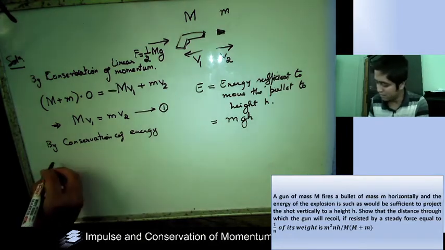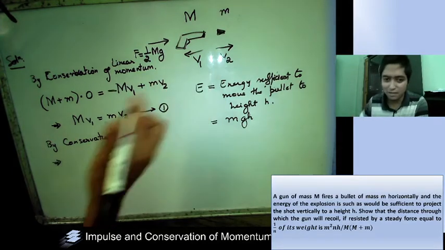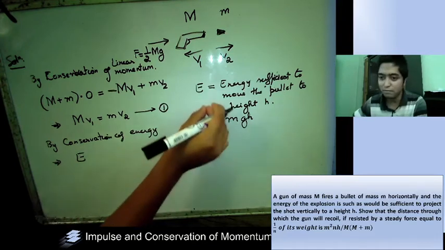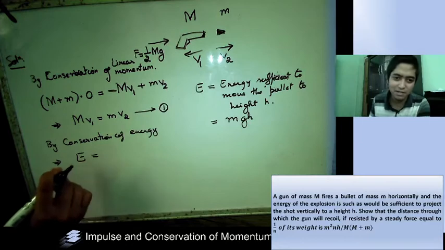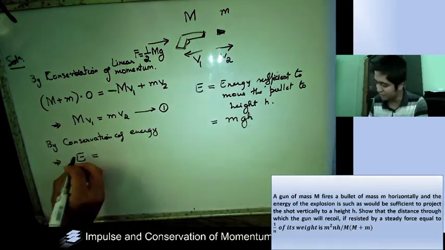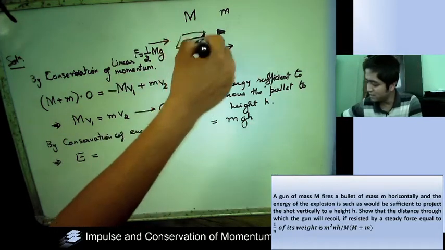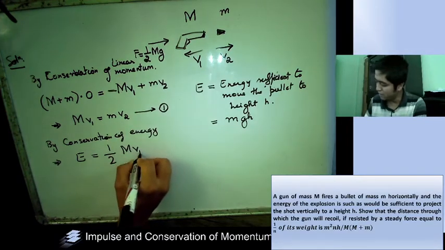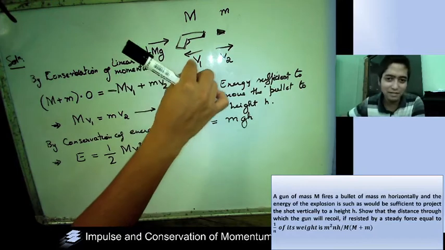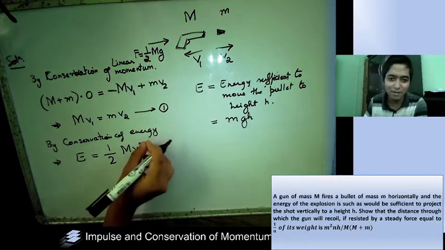Okay, so the energy is equal to E, which we have given over here as the energy of the explosion, the total energy before and total energy after the explosion. This m will be traveling with half m v1 square. Even if it is a negative sign, after squaring it, it will become positive.